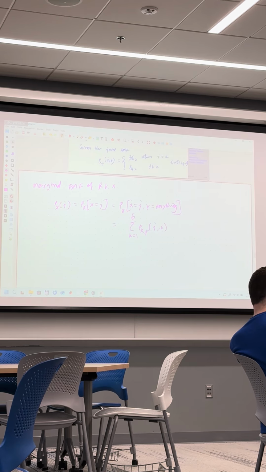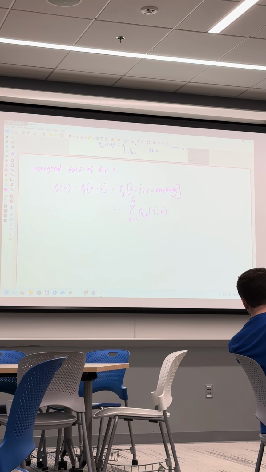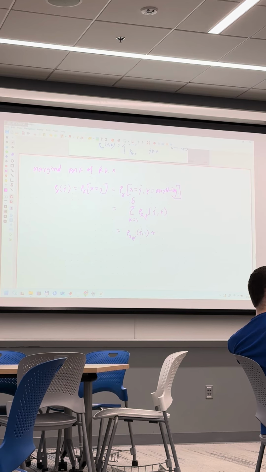So in this case, joint PMF of random variable x comma y taking value j comma 1 plus joint PMF taking value j comma 2 plus dotted plus joint PMF taking value j comma 6.